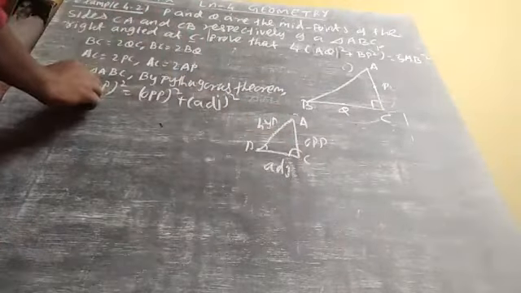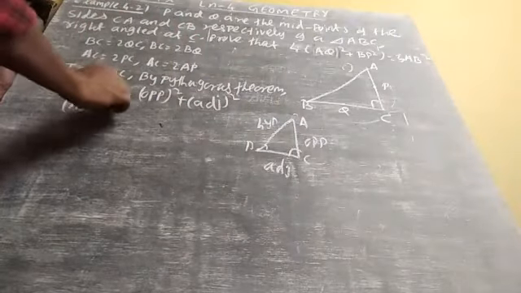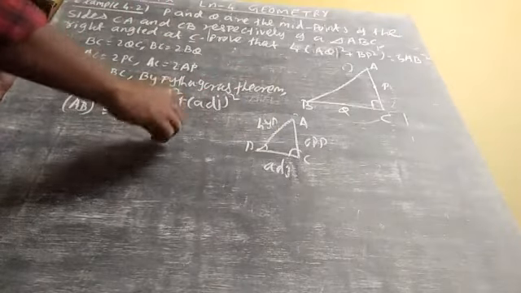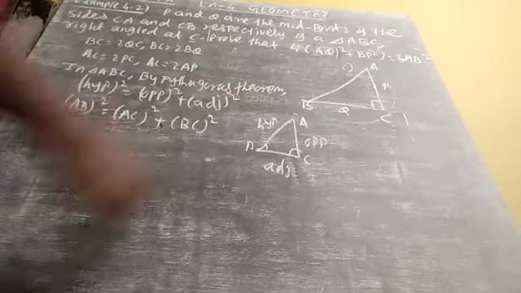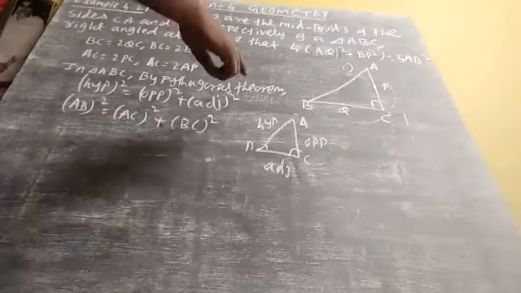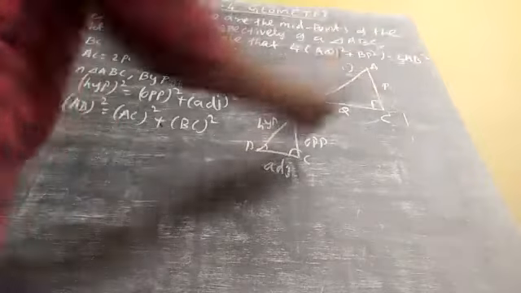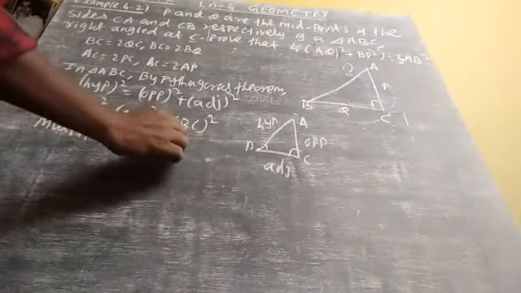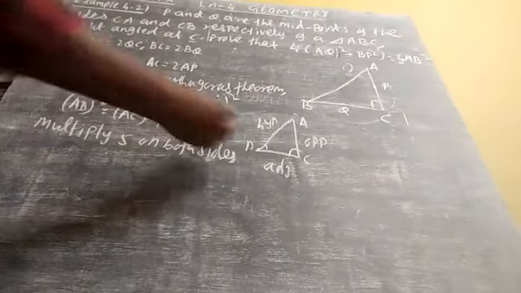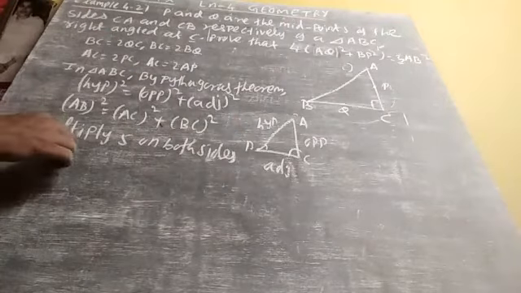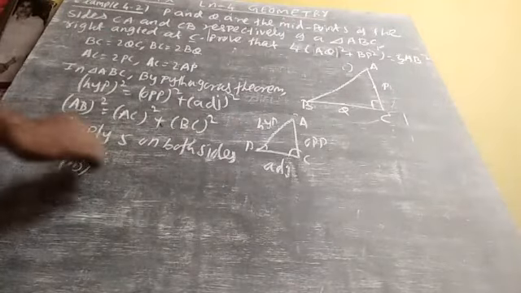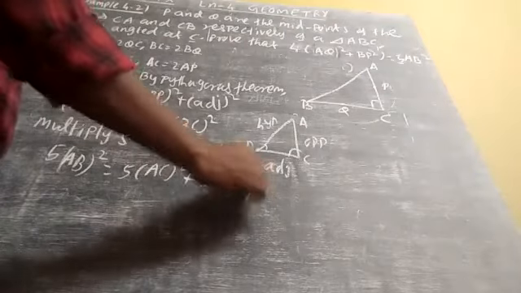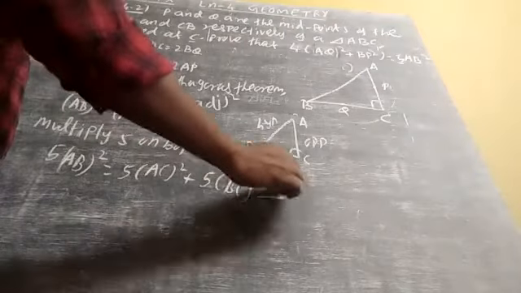So AB square equal to opposite value AC square plus adjacent value BC square. Now AB, before, 5 is there. So multiply 5 on both sides. 5AB square equal to 5AC square plus 5BC square. I am taking this as equation 1.